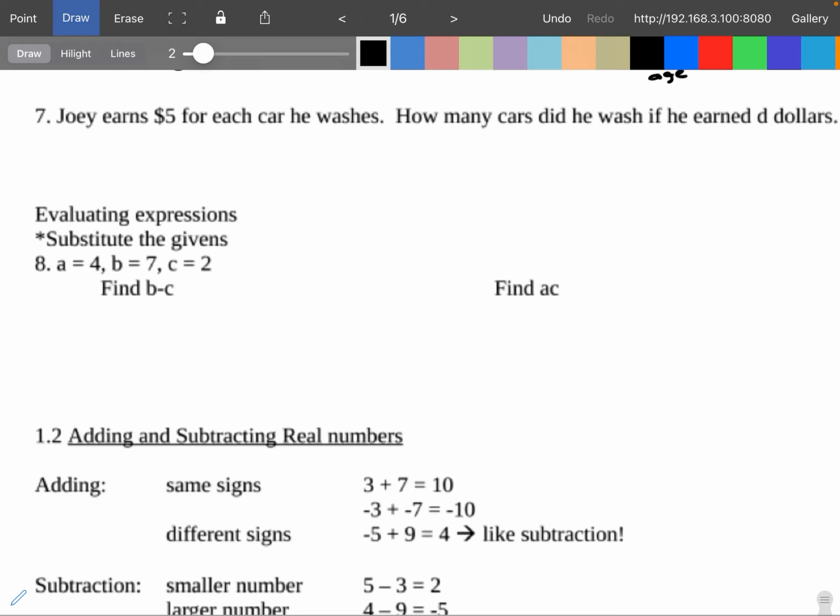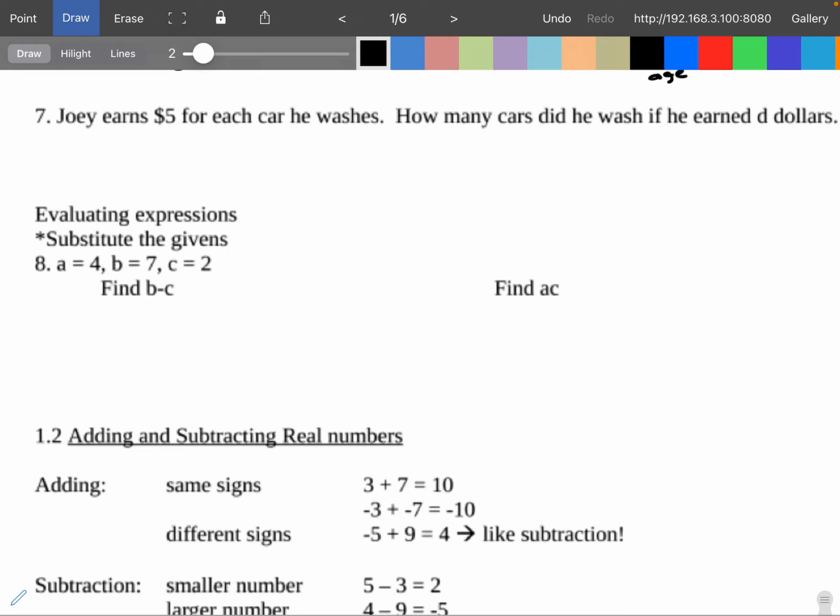So then let me give you an example. Let's say he earned $20. How many cars did he wash? 4, yeah, because 20 divided by $5 for each car would be 4, right? Make sense? So if he earns $20, you divide that by $5, you get that he washed 4 cars.